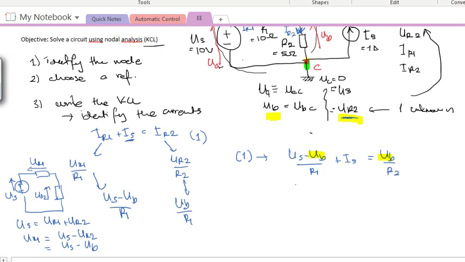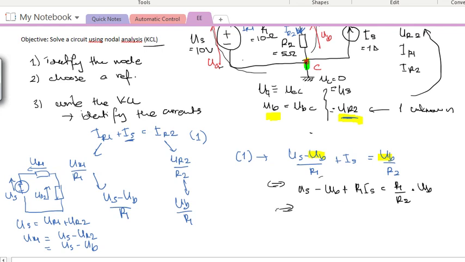Right, so now, how do we develop this? Let's say I multiply everything by R1. So US minus UB plus R1 IS equals to R1 over R2 multiplied by UB.